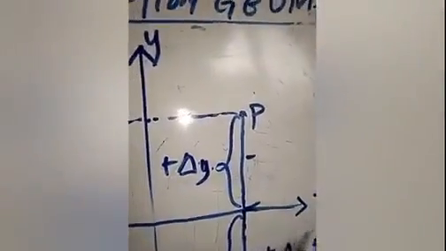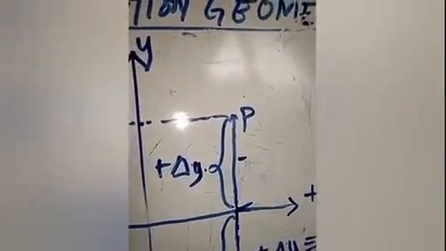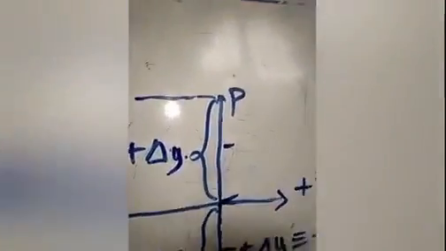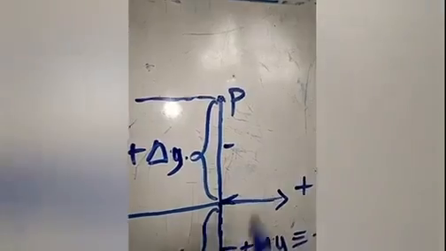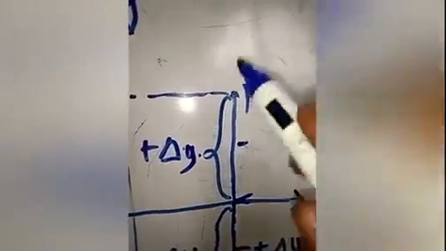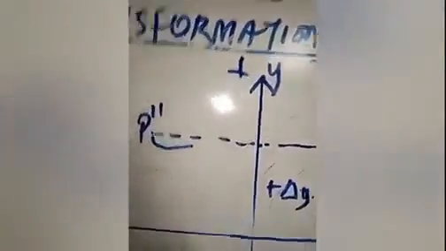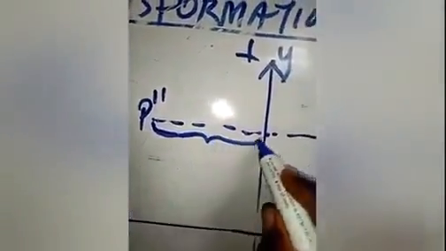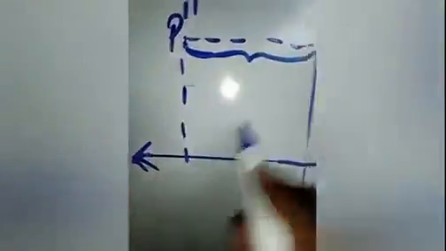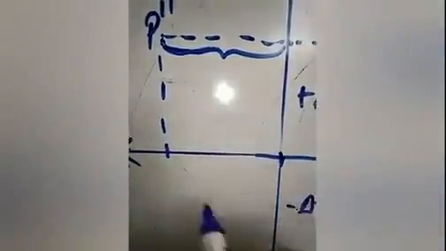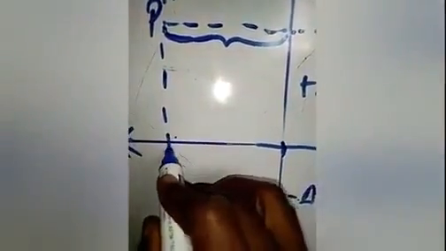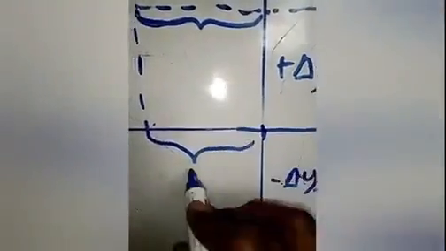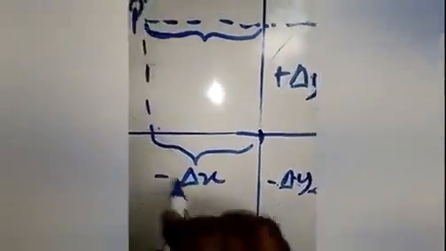So a positive change in y is equivalent to a negative change in y, meaning the reflection in x-axis will be considered by taking the distance with respect to what? The y-axis. While the reflection in y-axis will be taken by considering the distance covered in the x-axis, from here to here, which is the change in x negative.